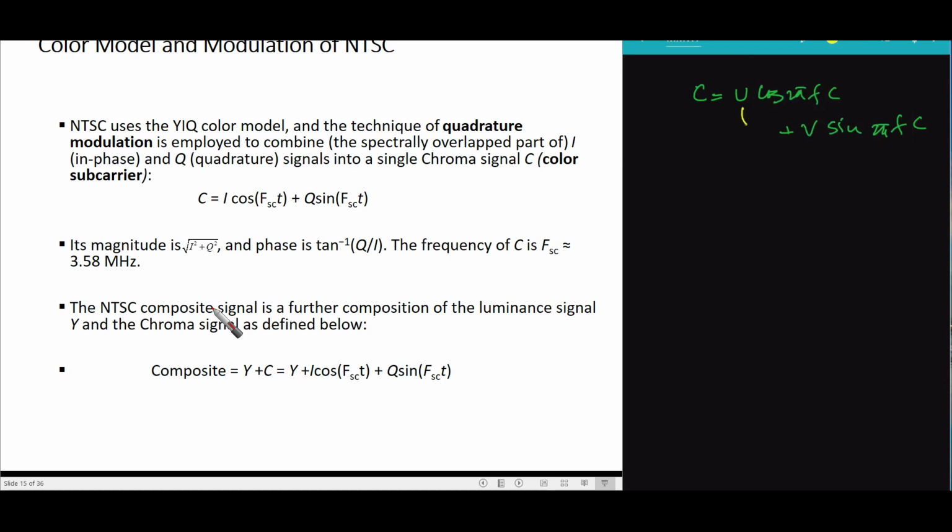This U is also I, and this V is Q, in the NTSC standard.